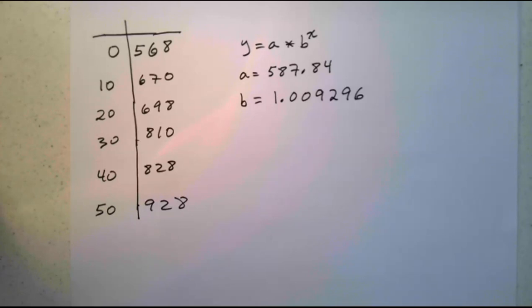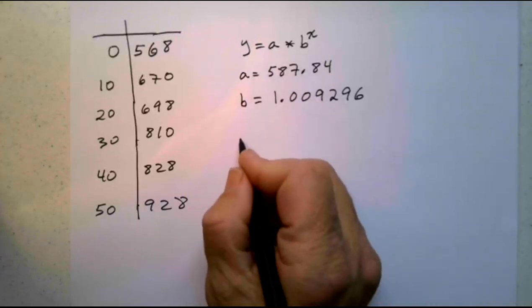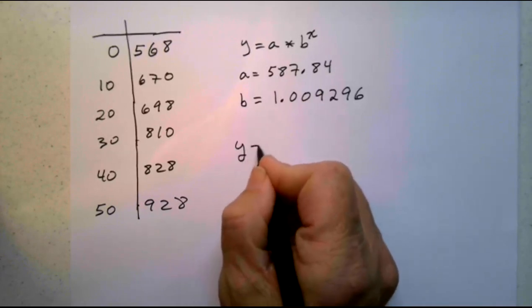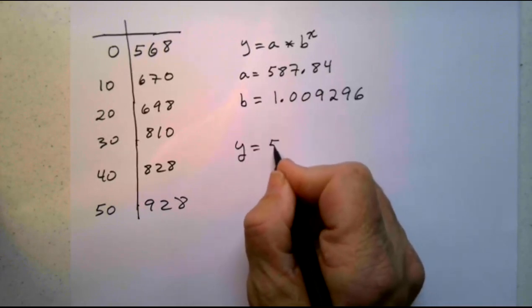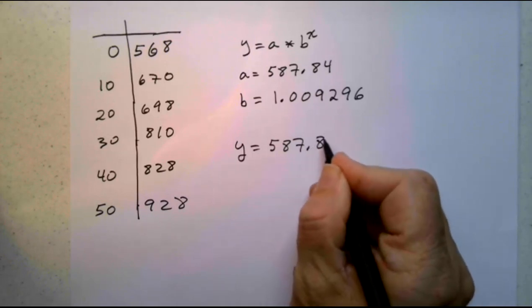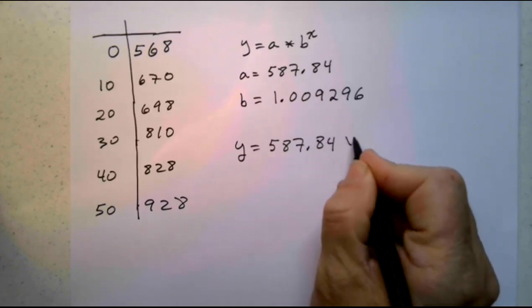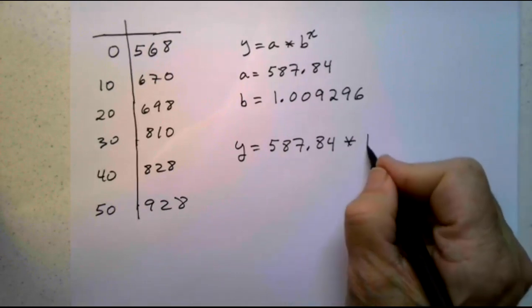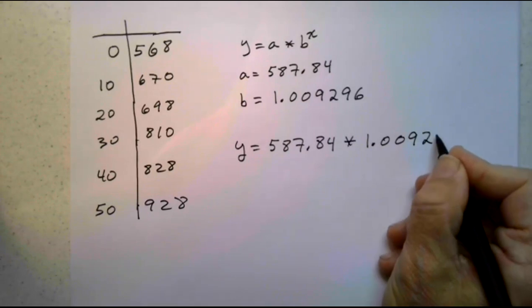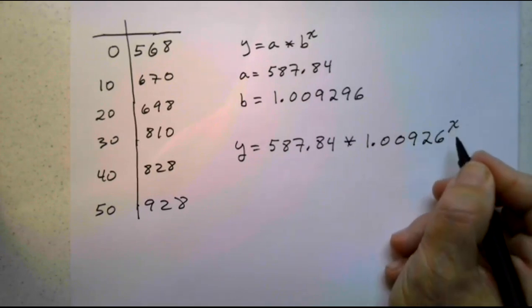Let's go back and look at our question, if we could. So I have the regression equation. It is Y equals A, 587.84 times B, 1.009296 to the X. But what was this?